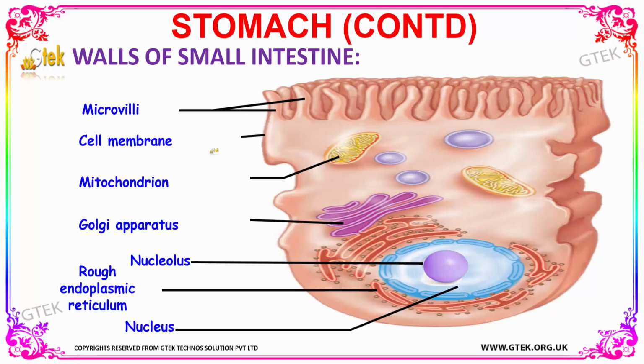Next, we have the cell membrane, and in your cell you have the mitochondrion, the Golgi apparatus, your nucleolus, which is present inside the nucleus, and the rough endoplasmic reticulum. So these are the components of the walls in your small intestine.